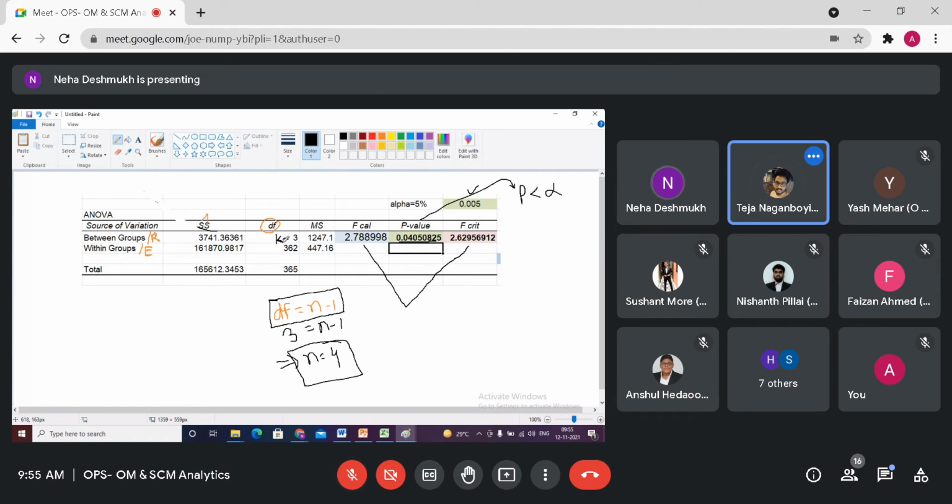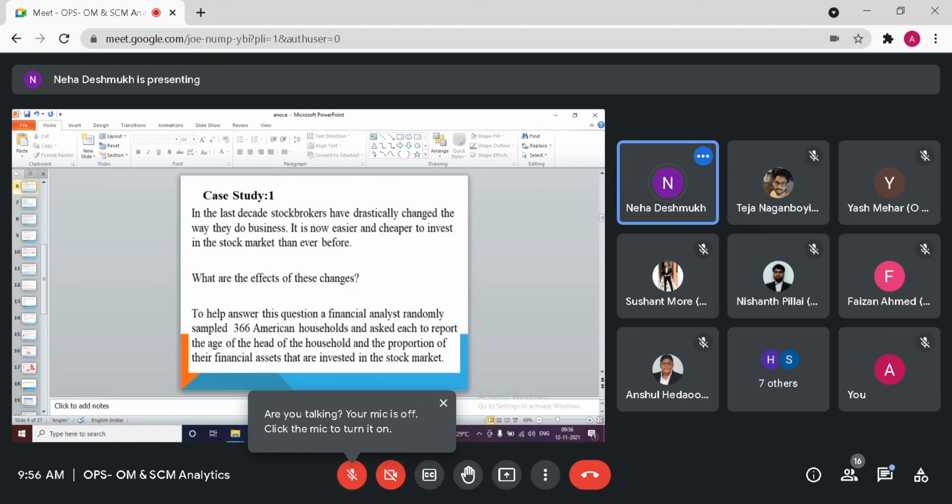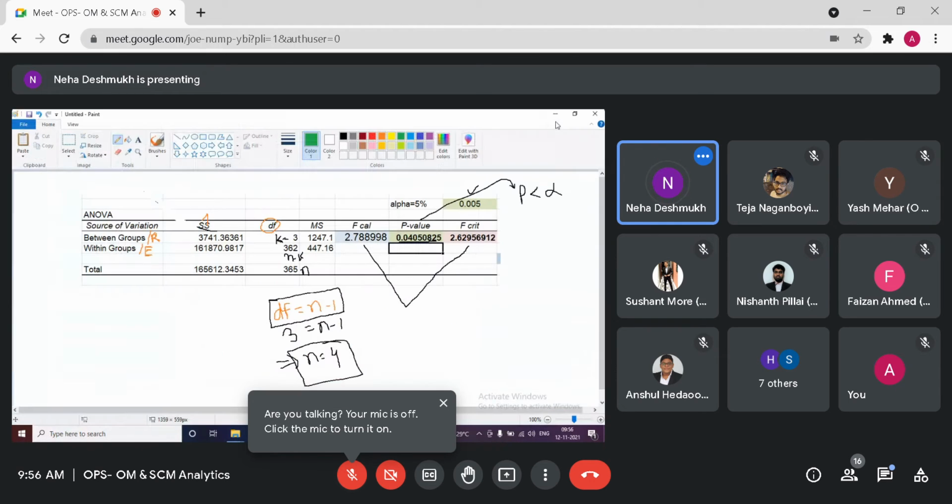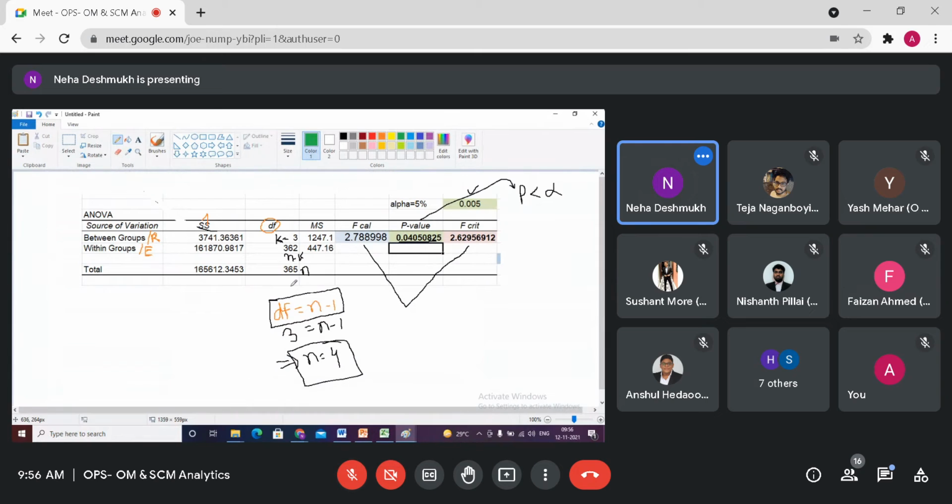So this will be your n minus k. Ma'am, but we have taken 366, the total number of observations. So what's the mistake here? While selecting the data set, we might have considered only three. Yes, it may be.